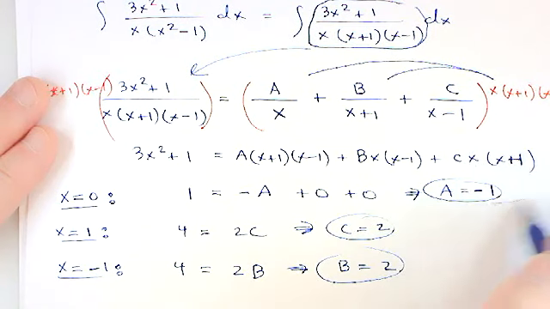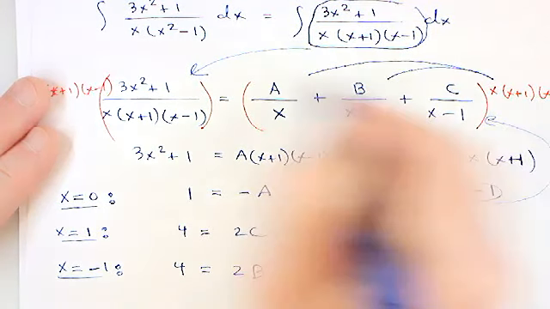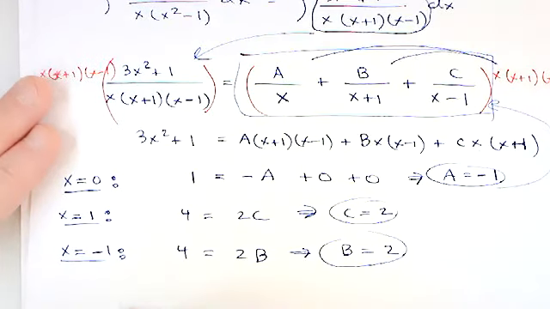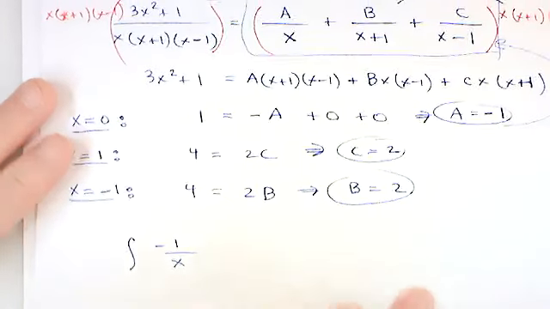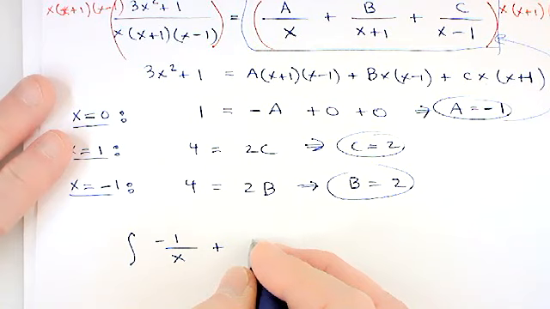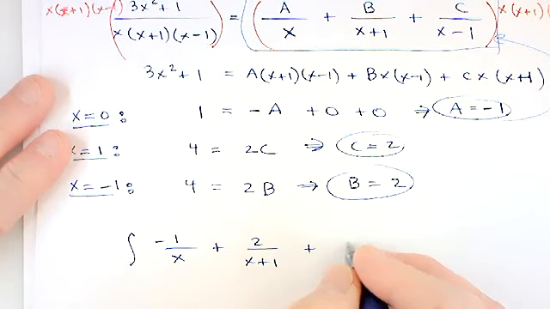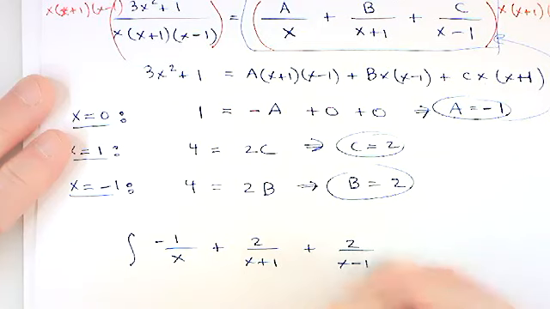Now we're going to put them all right back into these 3 fractions, and that's what we're going to integrate. So we're now integrating negative 1 over x, plus B is 2 over x + 1, plus C is 2 over x − 1.